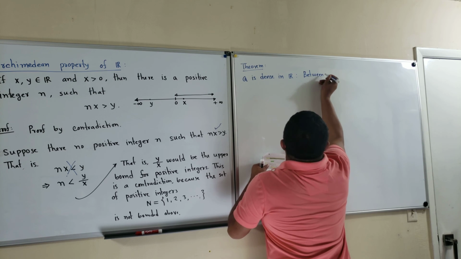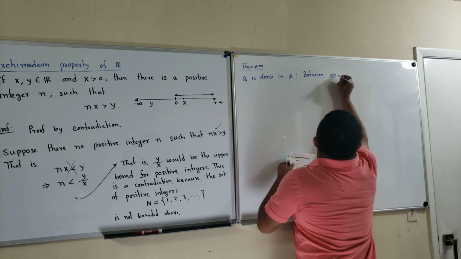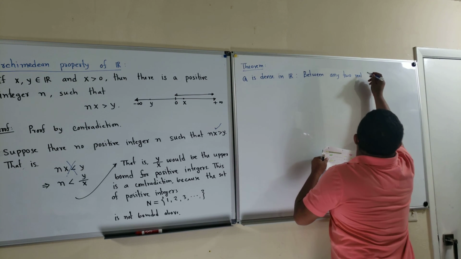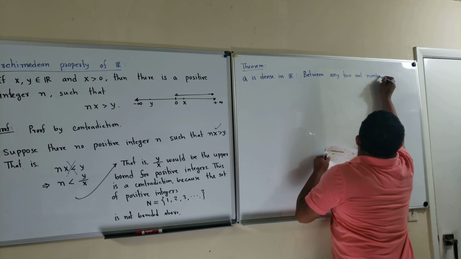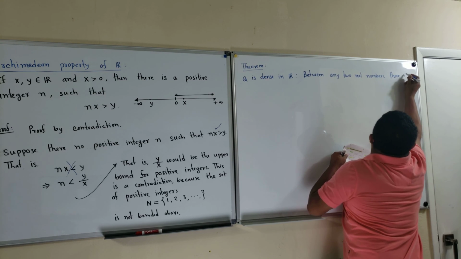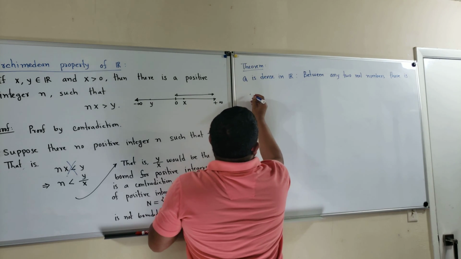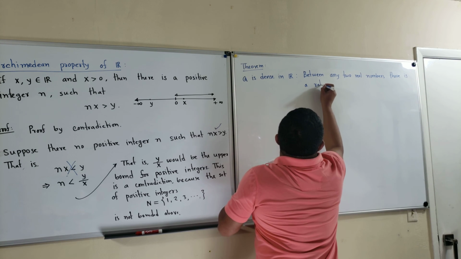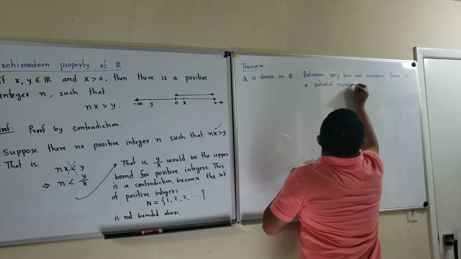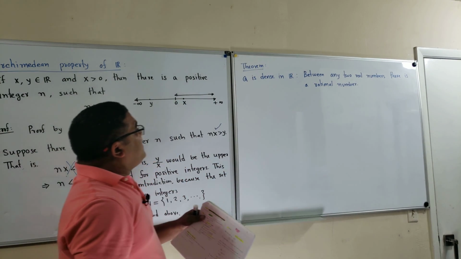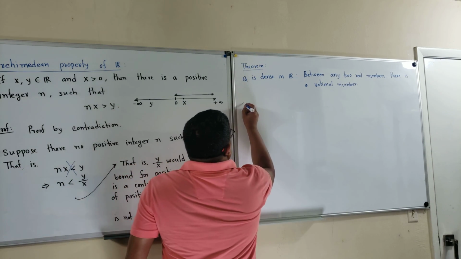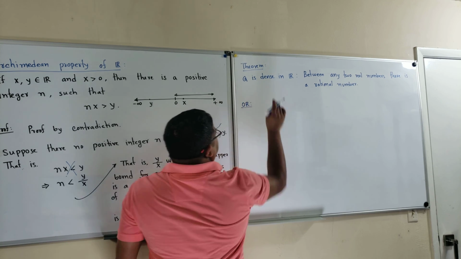So if we write, between any two real numbers, there is a rational number. We can also state this theorem in another way.